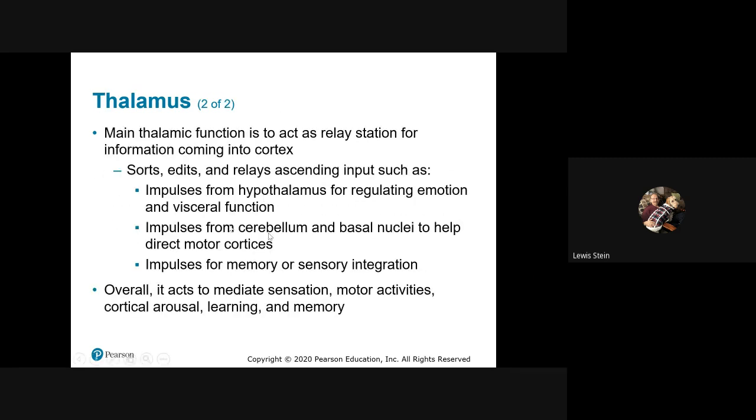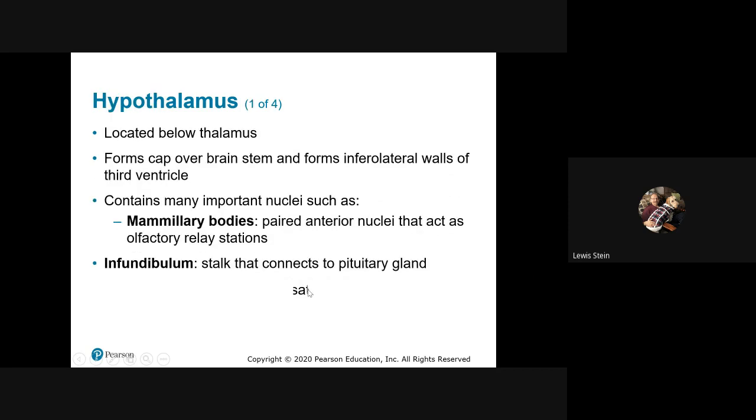The cerebellum is sensing every little impulse, every movement, and it takes all of this information, whether it's coming from the basal nuclei, from the cerebellum, from your active movements, and basically processes it. Memory plays a role in this too. So it really functions with sensory and motor activities.